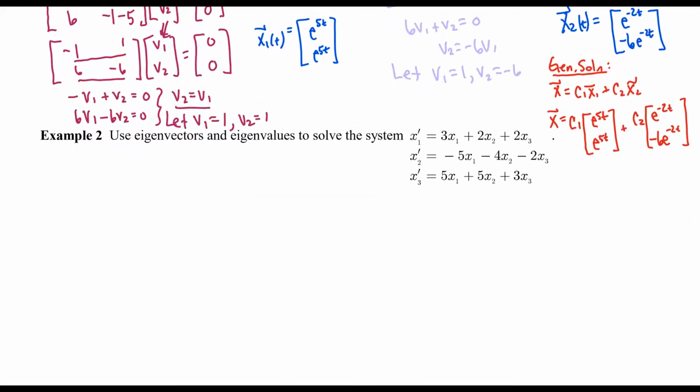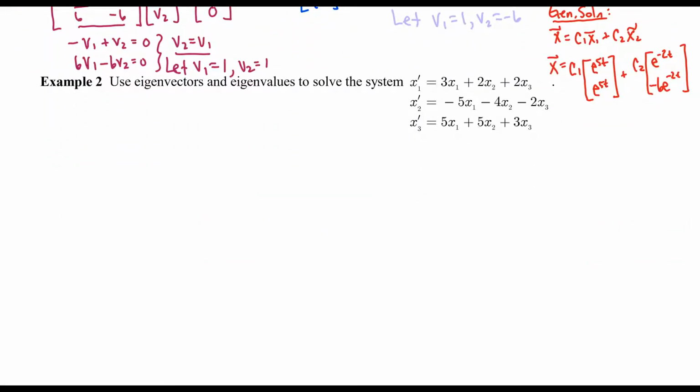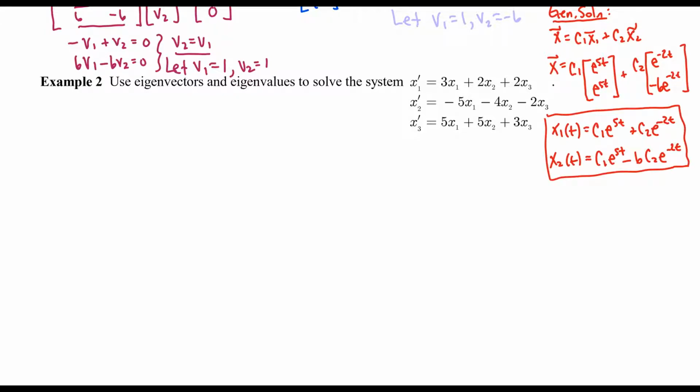Okay, if I wanted to look at it as two distinct solutions, we could see x sub 1 of t is c sub 1 e to the 5t plus c sub 2 e to the negative 2t, and x sub 2 of t is c1 e to the 5t minus 6 c sub 2 e to the negative 2t. So that is the general solution to the system.